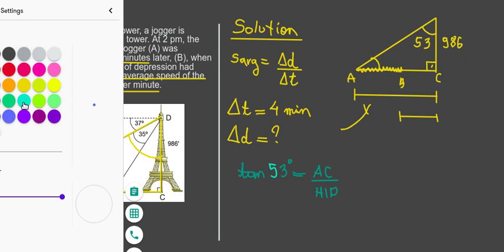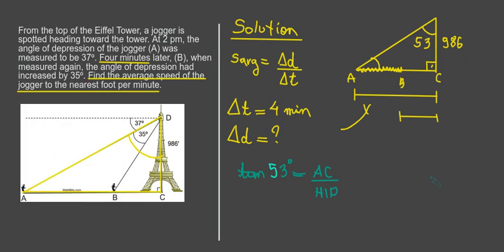And now we have the tangent of the angle, which is the opposite side, AC, divided by the adjacent side, which in this case is 986. This value we can get from a calculator.